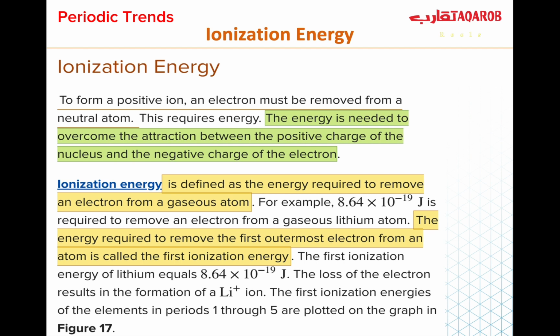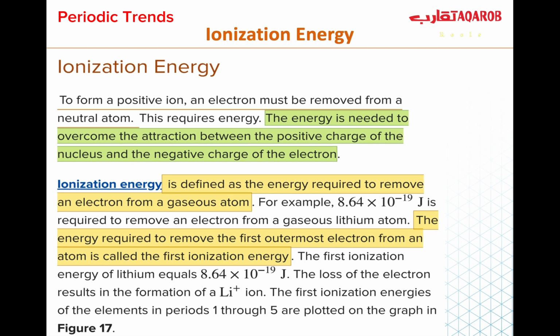So the energy required to remove the first outermost electron is called what? It's called the first ionization energy. For example, the first ionization energy of lithium equals 8.64 times 10 to the power of negative 19 joule.